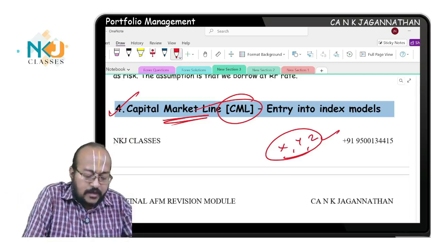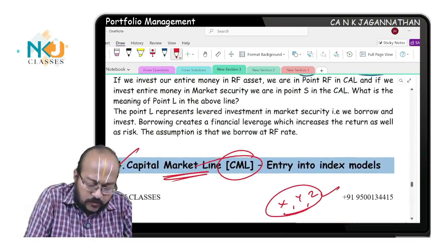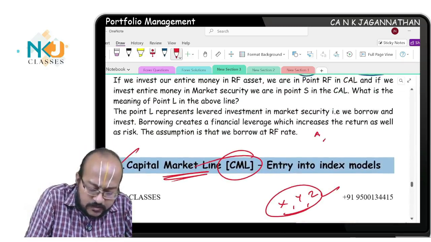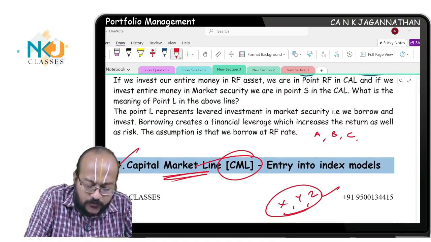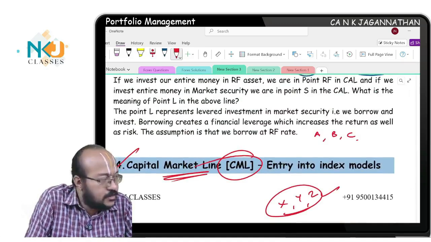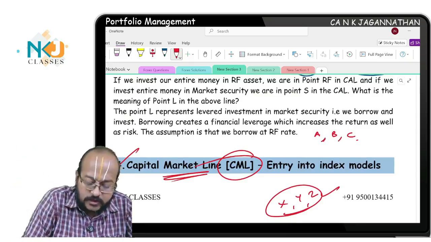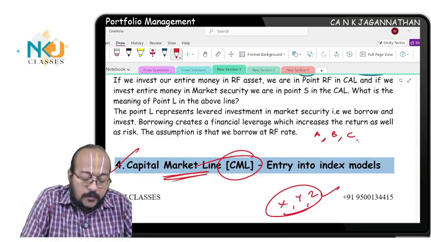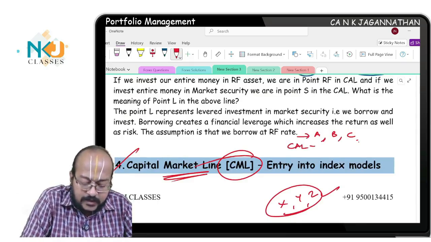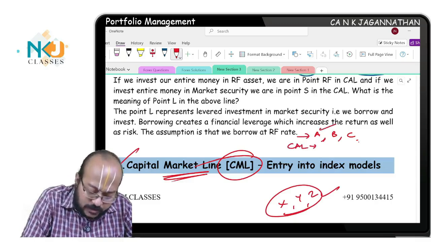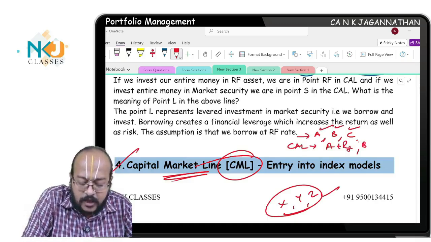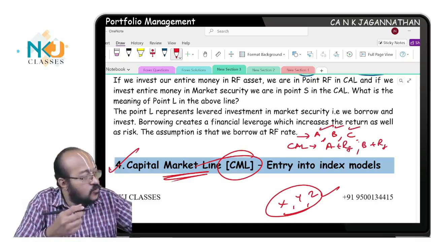Very simple: in Markowitz portfolio theory, earlier we had only individual securities A, B, C, listed companies inside the market, and we formed a portfolio. Then in the capital allocation line, we considered individual securities inside the market, A plus RF, B plus RF, including a risk-free asset.